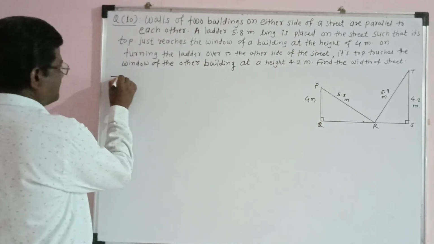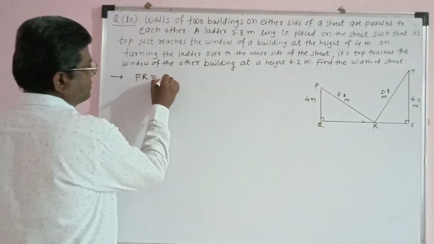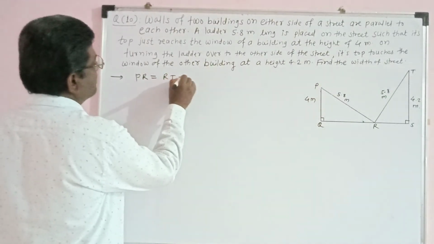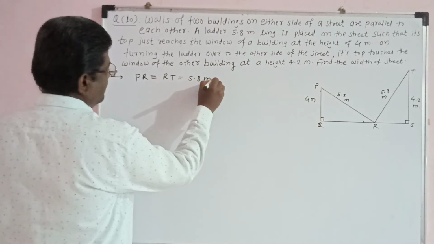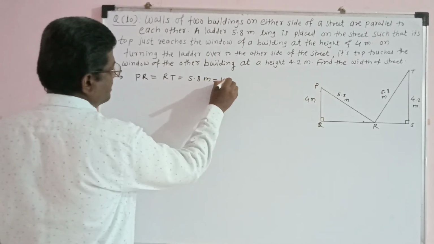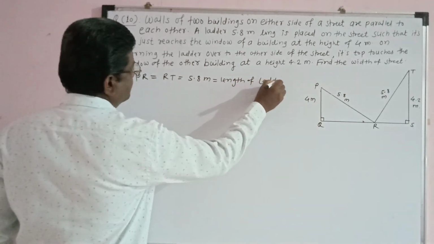So we write PR is equal to RT is equal to 5.8 meter is equal to the length of the ladder.